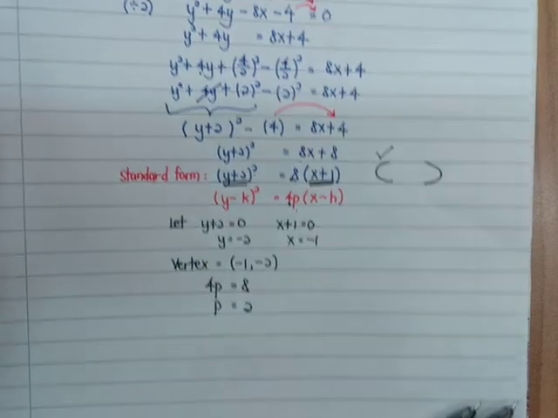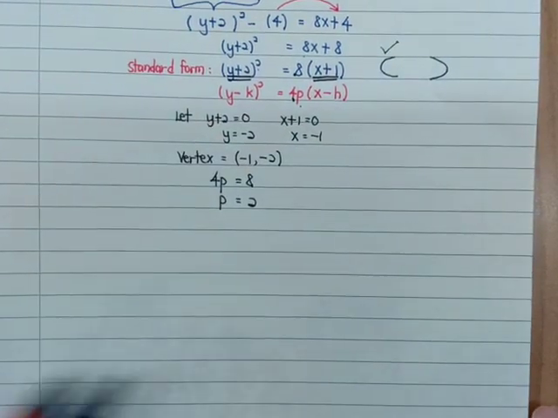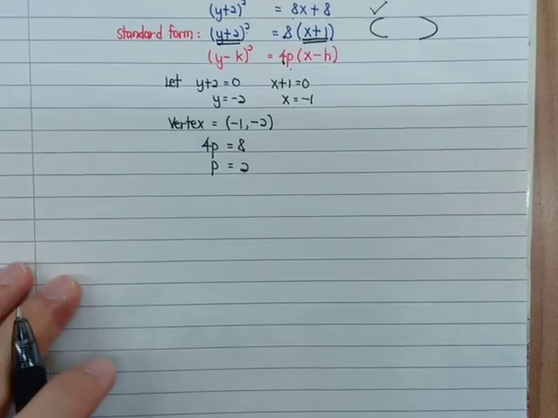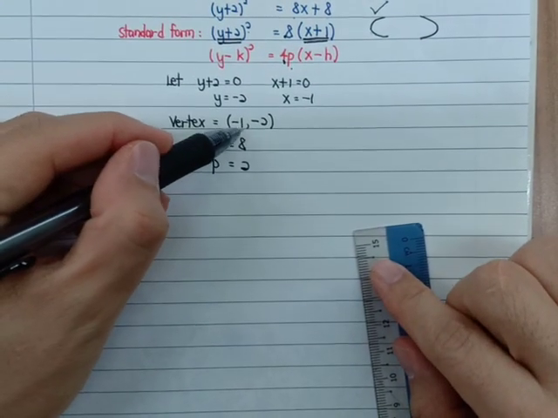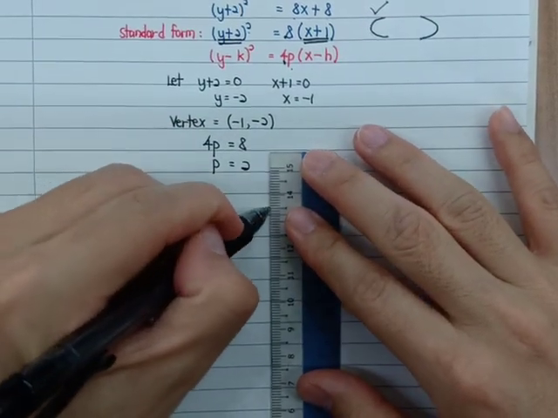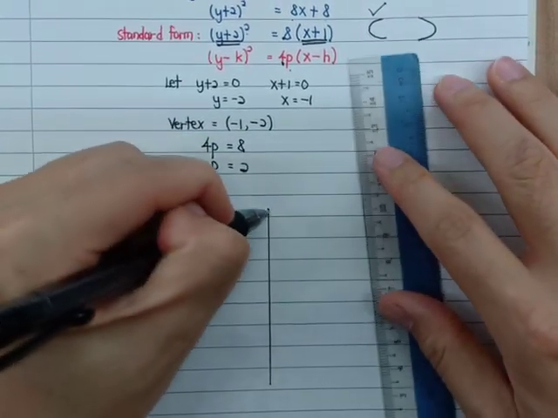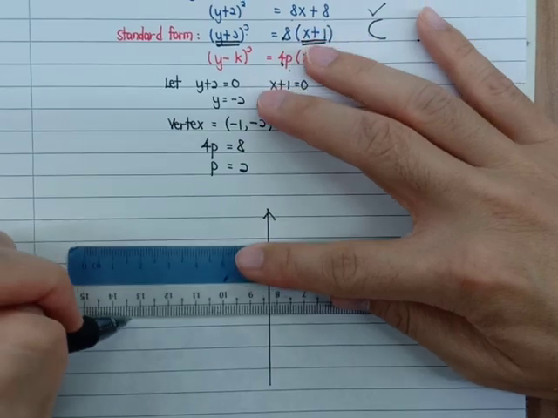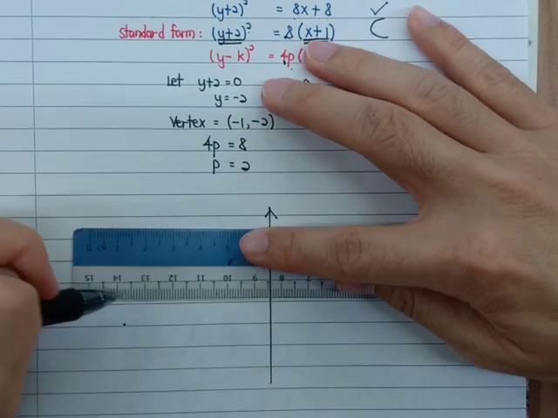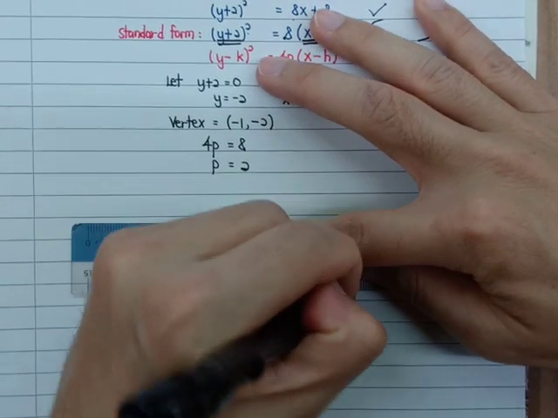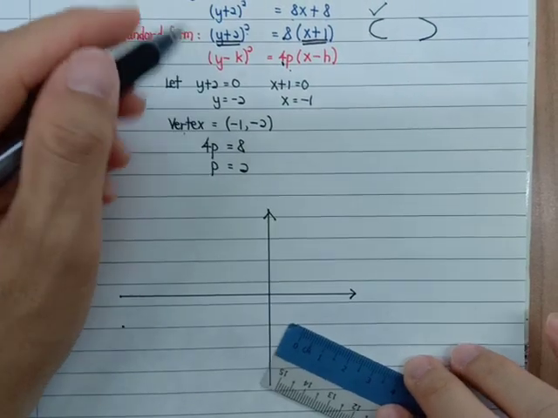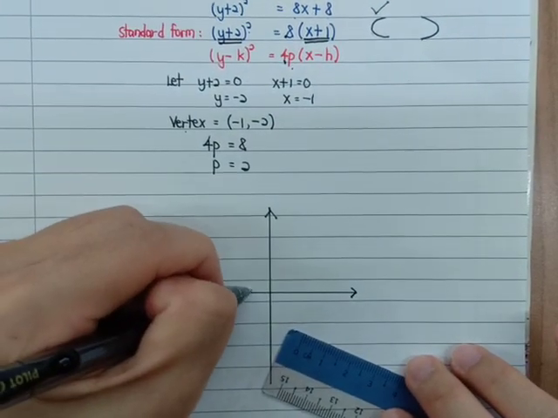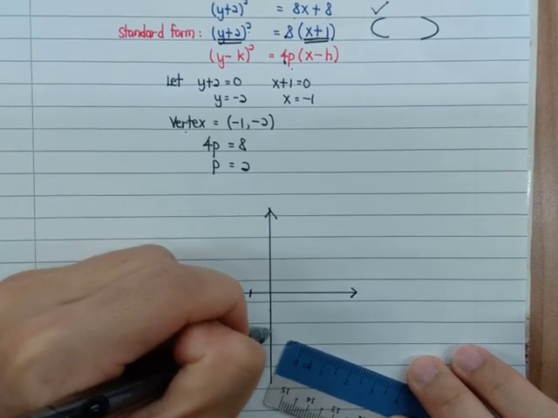So next, I'll start to sketch the graph. This is the coordinate of vertex, which is negative 1 and negative 2. Let's say this is my y-axis, and this is my x-axis. Negative 1 is here, negative 2 is here.